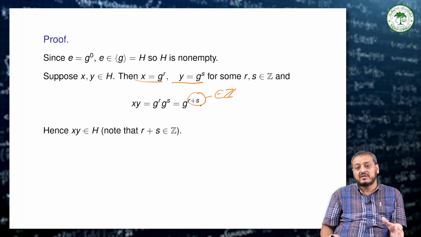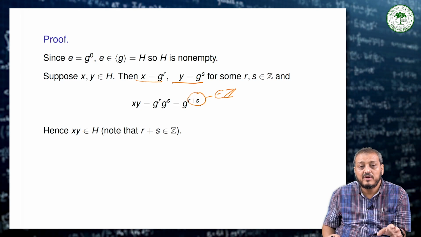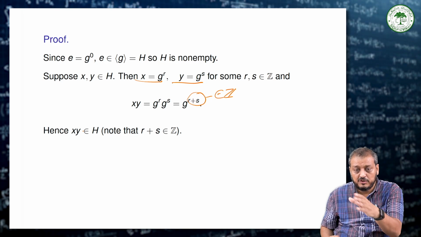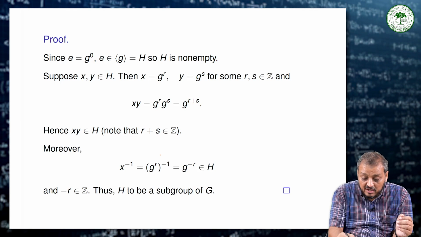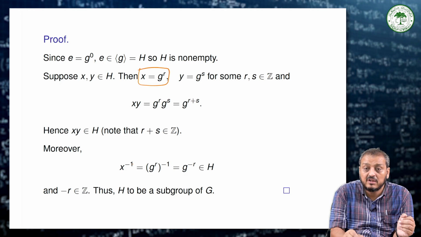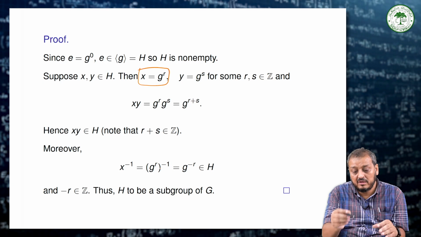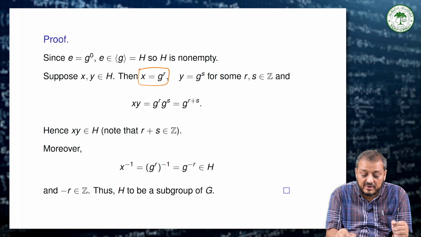Now we have to show that x inverse is also an element of H. If x is an element of H, x can be written in the form g to the power r. So x is equal to g to the power r, then x inverse can be written as g to the power r inverse, and by the exponential property this is g to the power minus r.